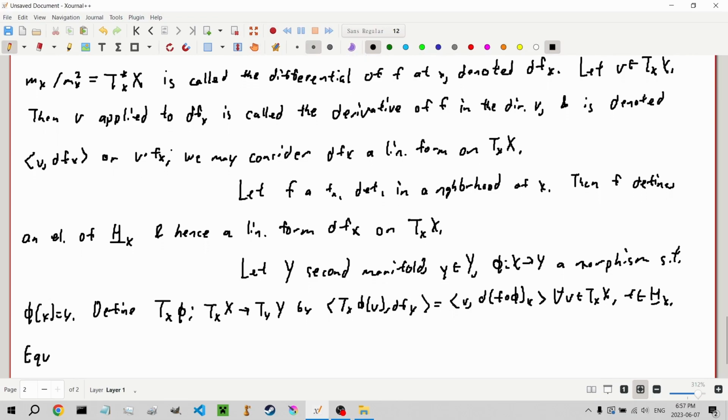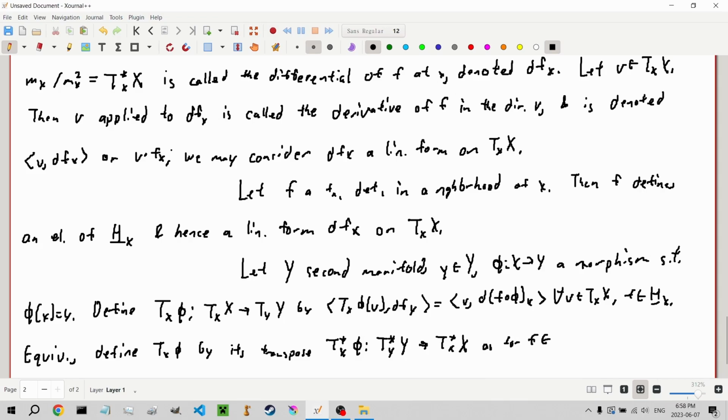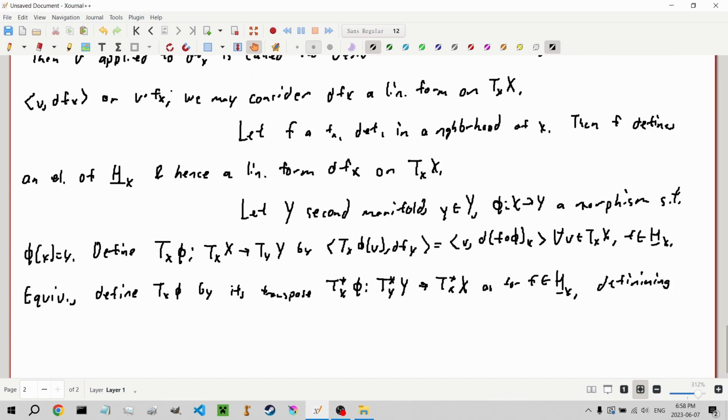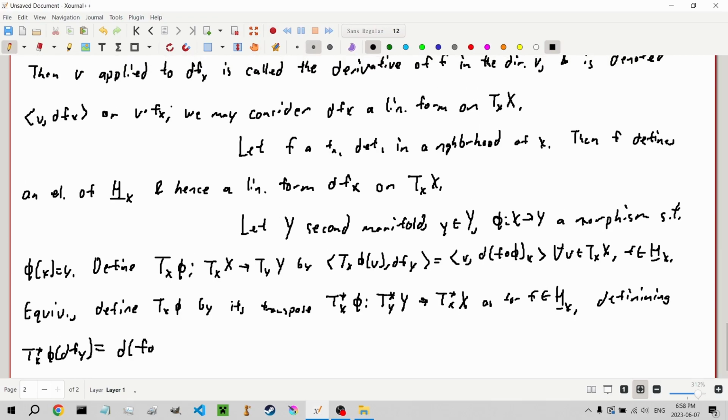Or we can, once again, have an alternative definition. Equivalently, define T_x of phi by its transpose, T star x of phi, being a map from the cotangent space at y of Y to the cotangent space of X at x, as follows: for f being in H underline of y, defining T star x of phi of df at y to be d of f composed with phi at x.